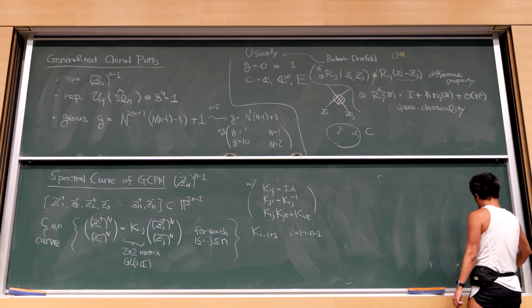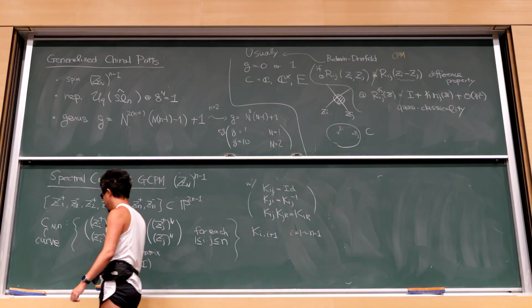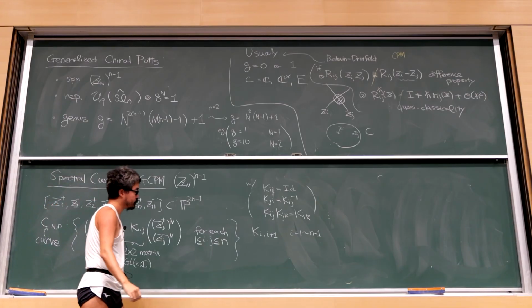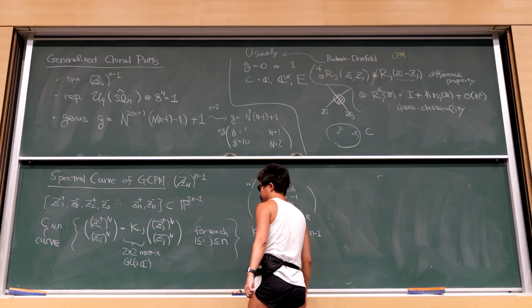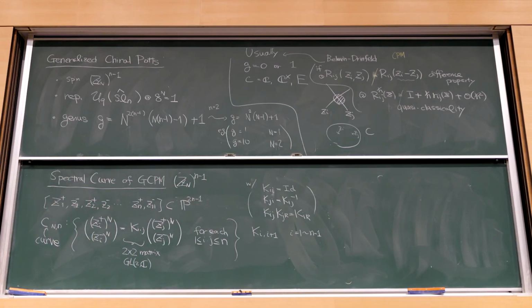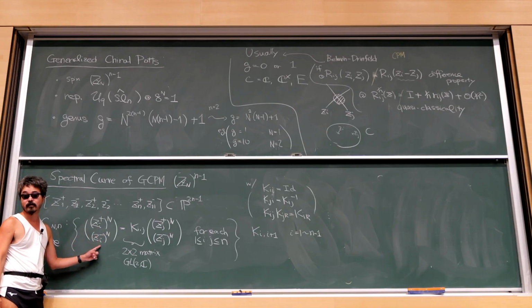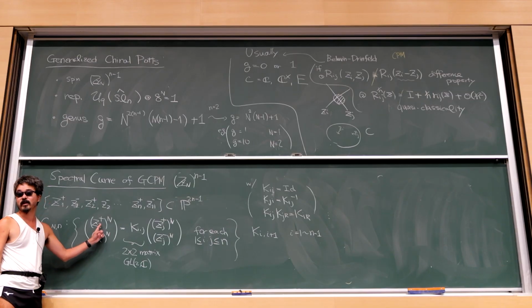Now, to make it closer to the spectral curve of a monopole, first I'm going to do a quotient of this. There's a free group action, because everything is to the power N. So you can take a free quotient by multiplying each of these by a root of unity.